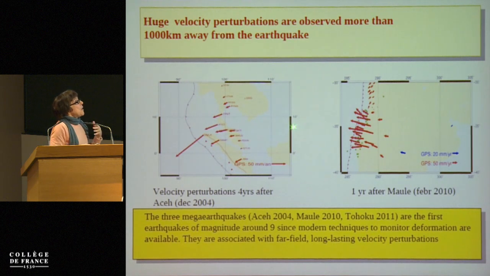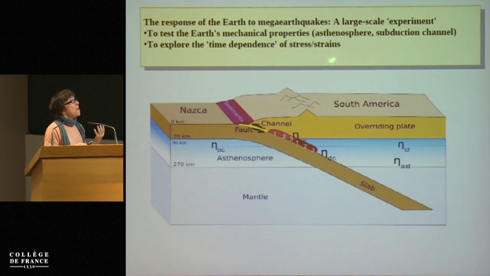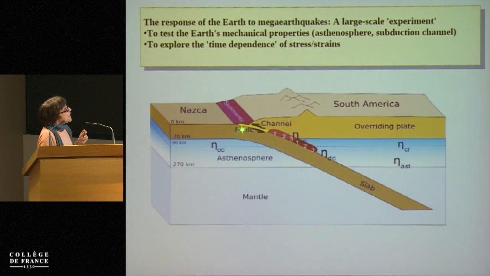So what does this have to do with the mechanical properties of the mantle? We can see these earthquakes as natural experiments to probe the mechanical properties of the mantle. When a large earthquake occurs, it breaks the superficial portion of the subduction interface. This motion induces stresses all over the mantle, over a very large area.